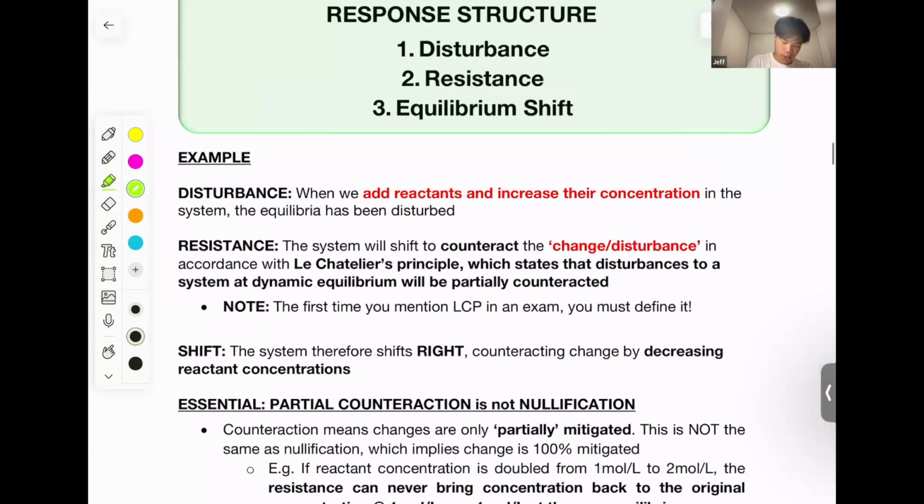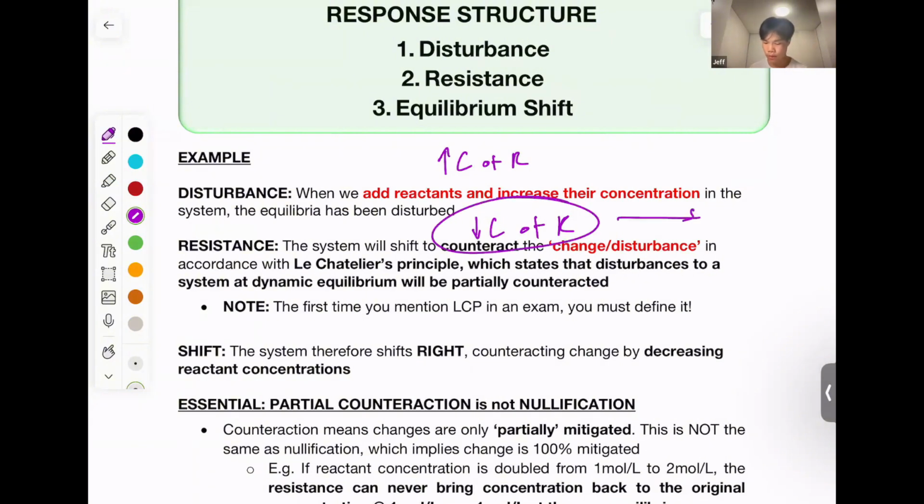So if you increase the concentration of a reactant, the resistance is going to be to decrease the concentration of said reactant. And you'll shift either right or left in order to do that. So if you're trying to decrease the concentration of reactant, that's going to be a shift to the right because the reaction will consume reactants. Disturbance, resistance, shift.